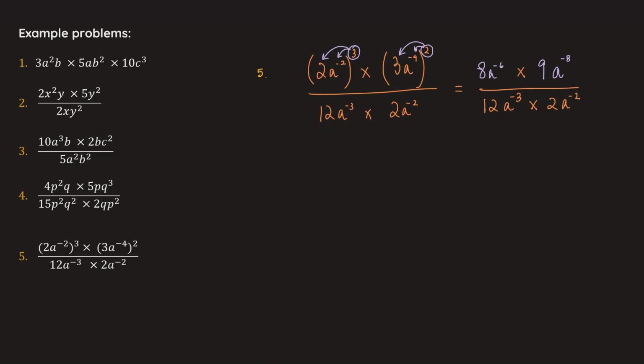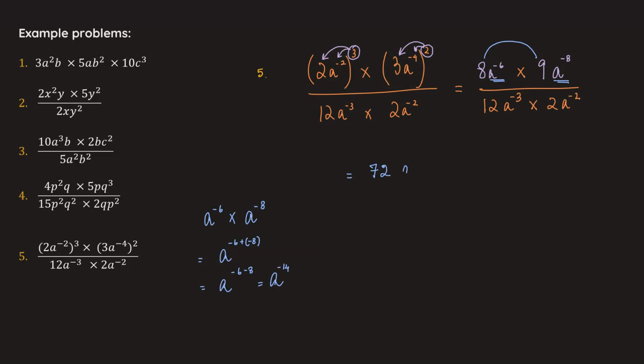Now we'll simplify the numerator. So the numerator is 8 times 9, 72, and a to the power minus 6 times a to the power minus 8. According to the first law of indices, they add: a to the power minus 6 plus minus 8, and that is minus 6 minus 8, which is minus 14.